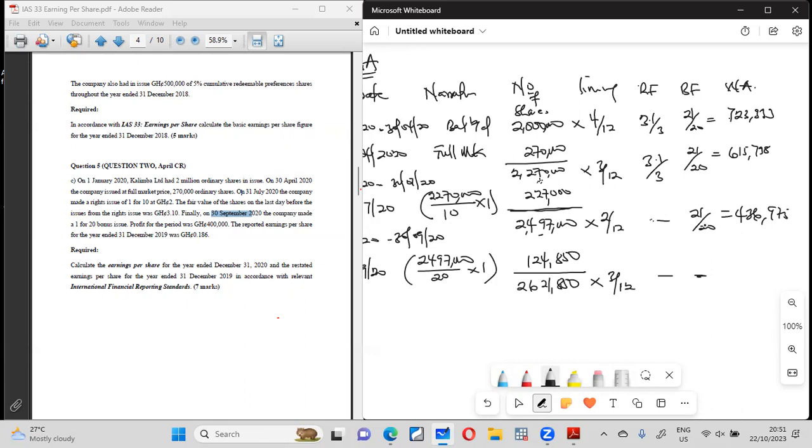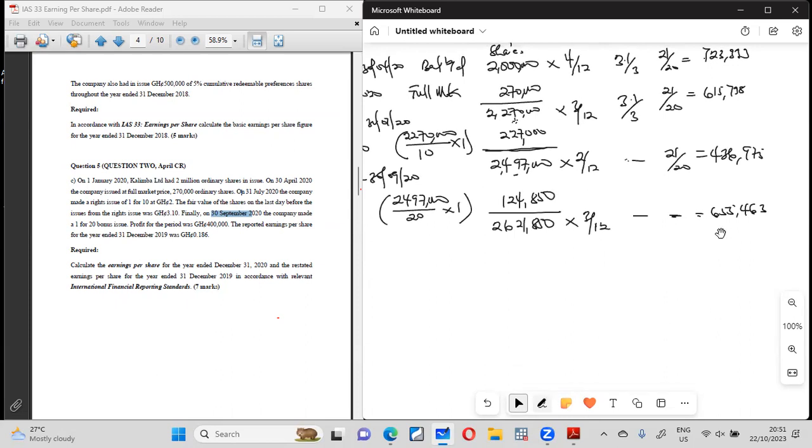Yeah. Then the last one is 2,621,850 by 3/12. So what I have here is 655,462.5, so it's 463. All right, so you can confirm that one too.